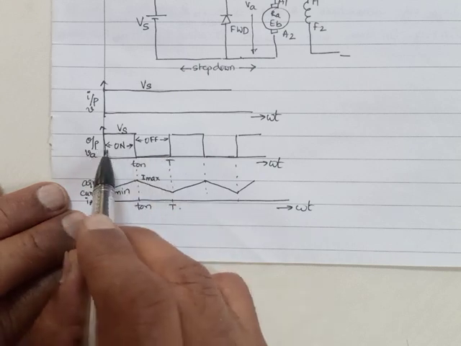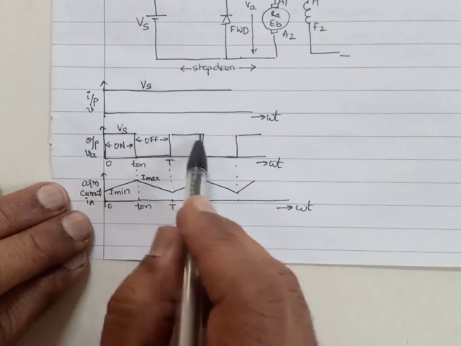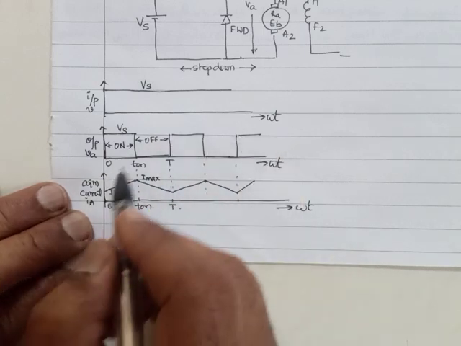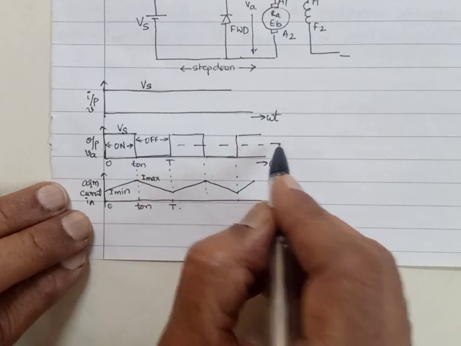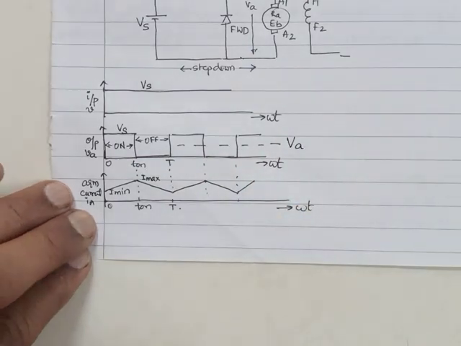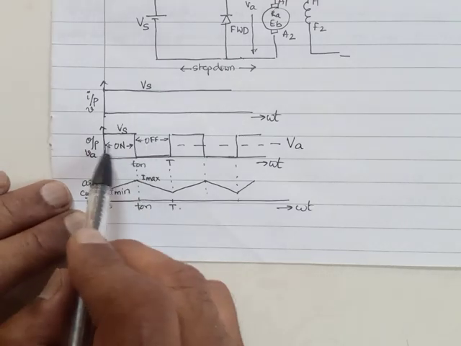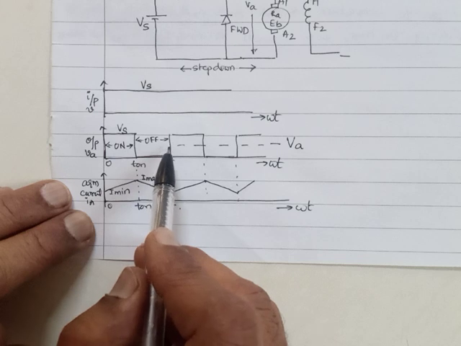Look at this output voltage waveform. Output voltage waveform is of pulsating nature, and this has an average value which is VA. So this shows for some time I have the voltage, for some time I do not have the voltage.